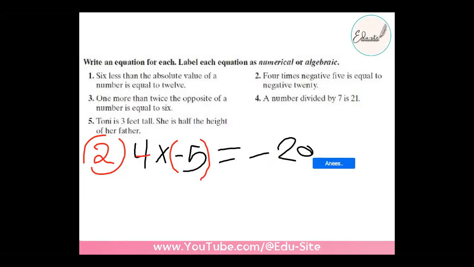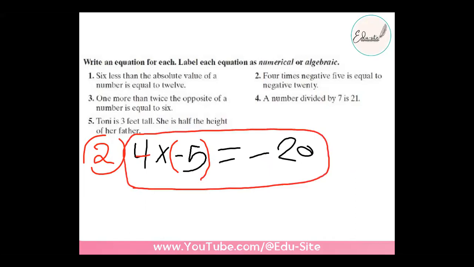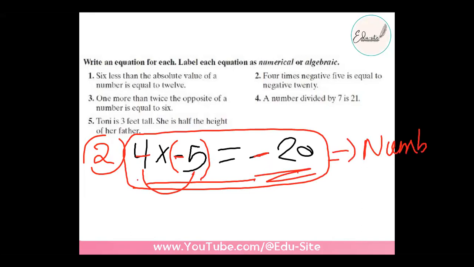Is it an algebraic equation or a numerical equation? It's numerical. We do not have any algebraic format. It is as simple as that. 5 into 4 is 20 and the minus is taken out, so it is minus 20. This is the answer. It is a numerical equation with no algebraic format in it, right?